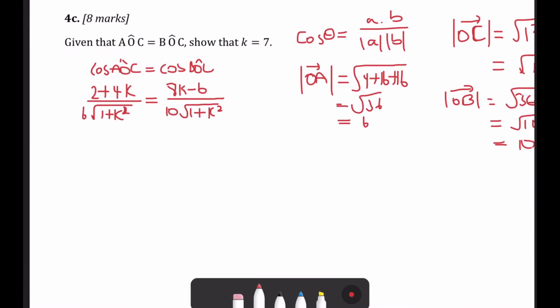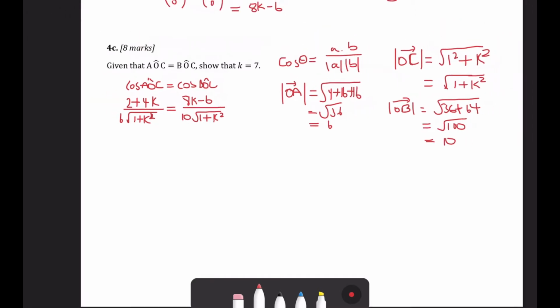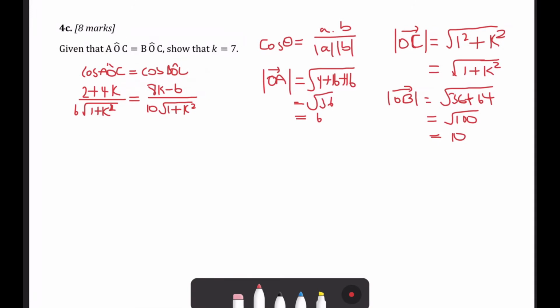So then the tricky part that I think all of you got wrong, or I think maybe Anson might have picked up the most marks in this one. So from here, the first part that you would get a point for is stating that if angle AOC equals the angle at BOC, then that means that cos AOC is also equal to cos BOC.